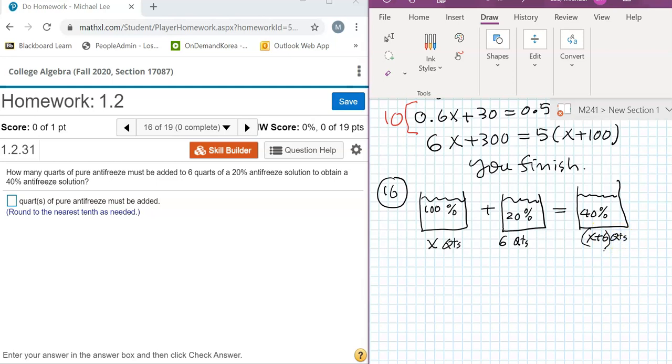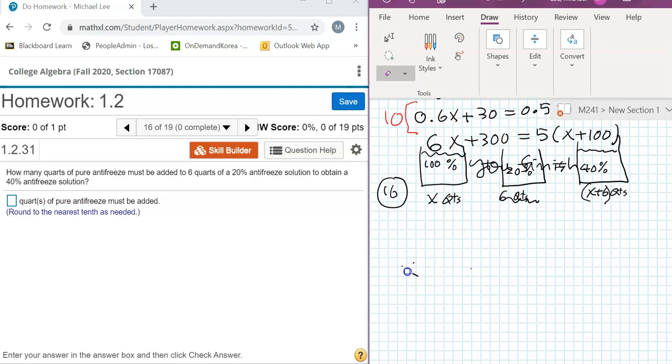So just like this is X, 100%. Well, they say percent first, so let me just do the same order.